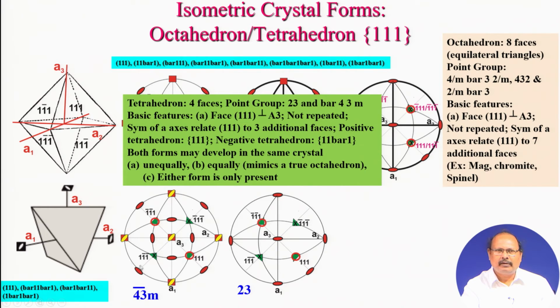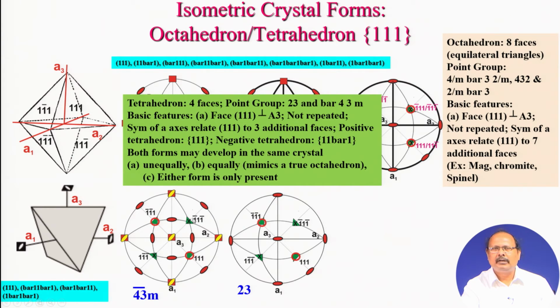Now, if you have a 1 bar 1 1, then you will also generate an open symbol here, that will be your bar 1 1 1. So, you still have 4 crystal faces, only their symbols are different, and they are essentially pairs of faces which intersect the negative direction of the A3 axis and the positive direction of the A3 axis.